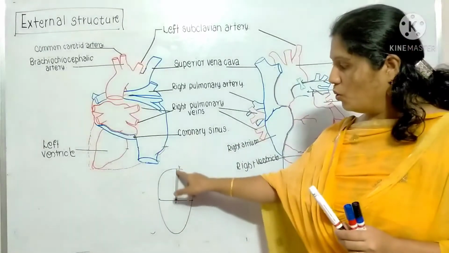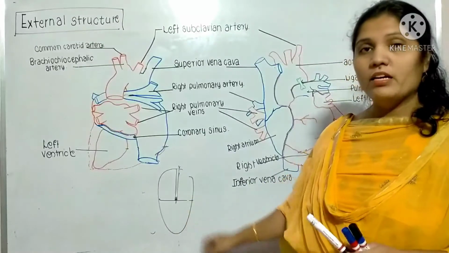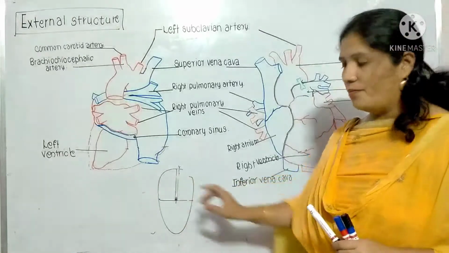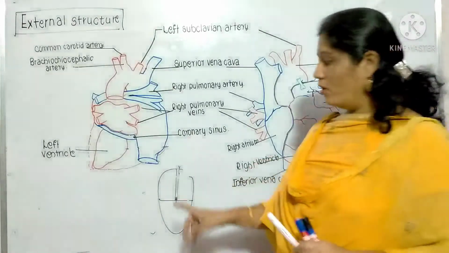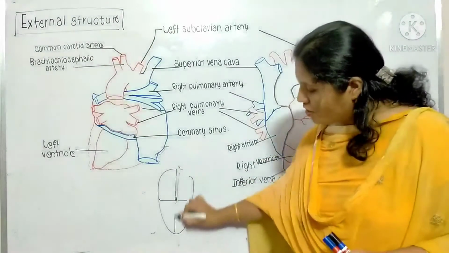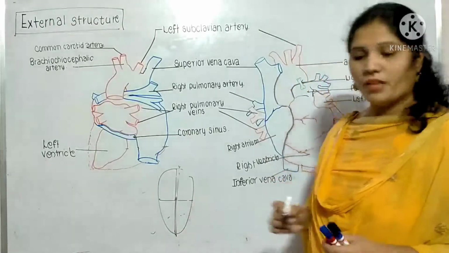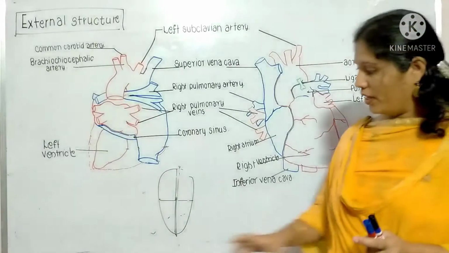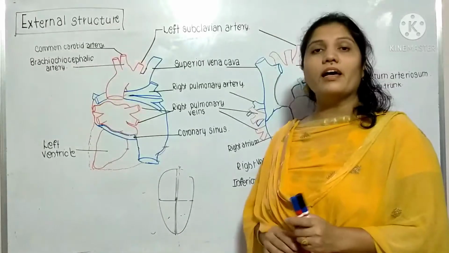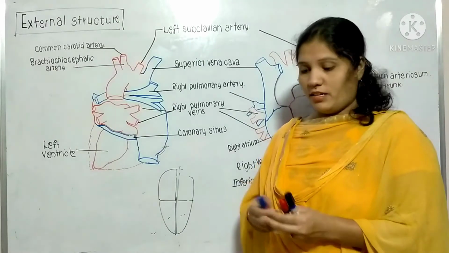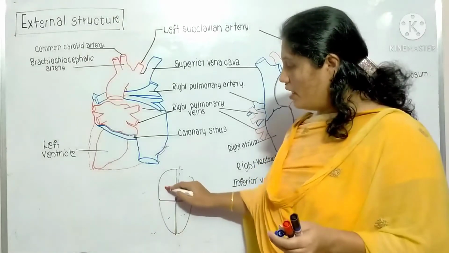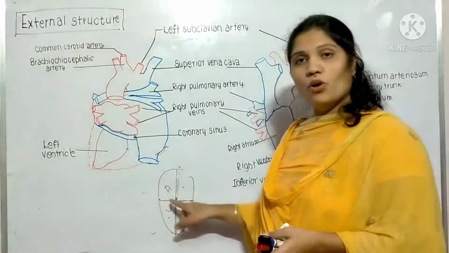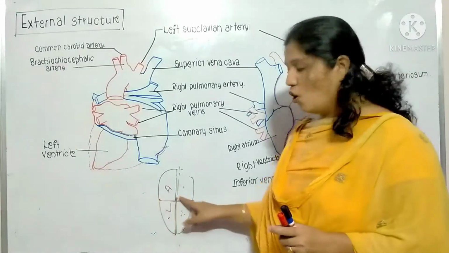The septum present between the two ventricles is known as the interventricular septum, or the interventricular groove. And the groove present between the atrium and the ventricle is known as the auriculoventricular sulcus or auriculoventricular groove.